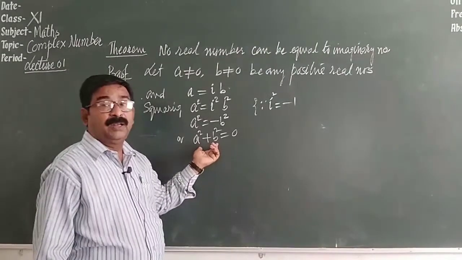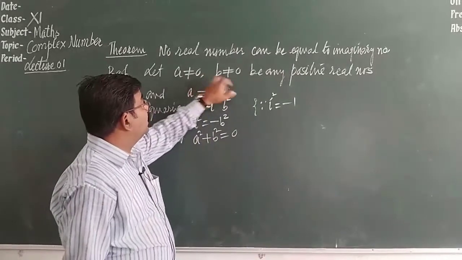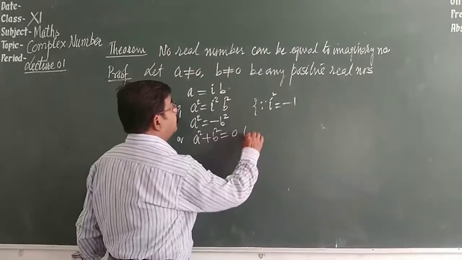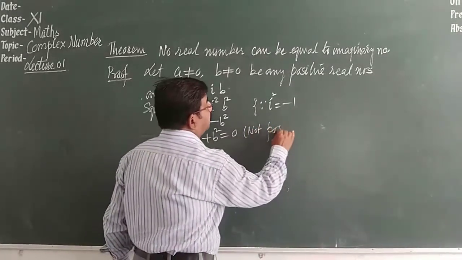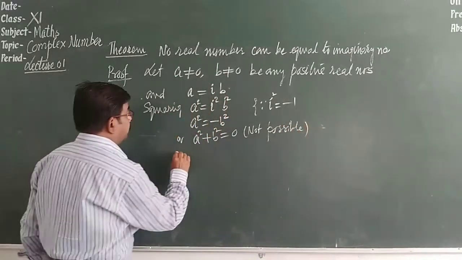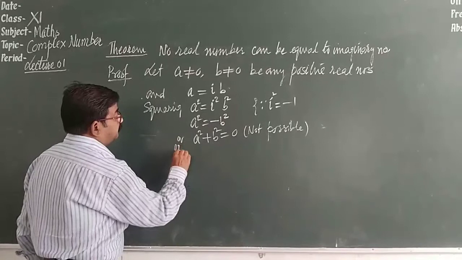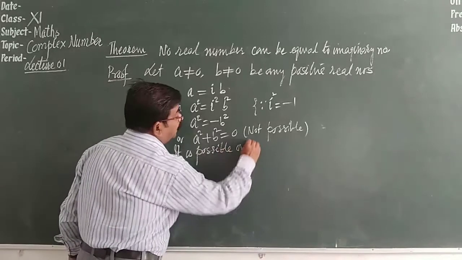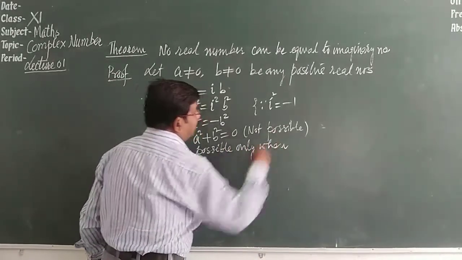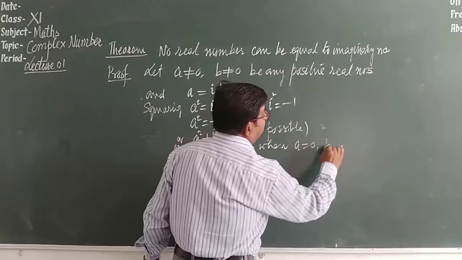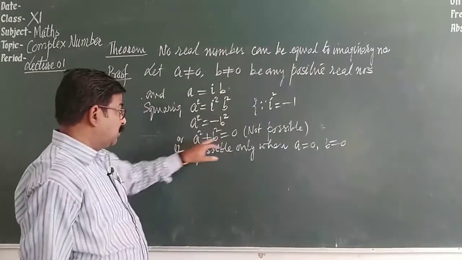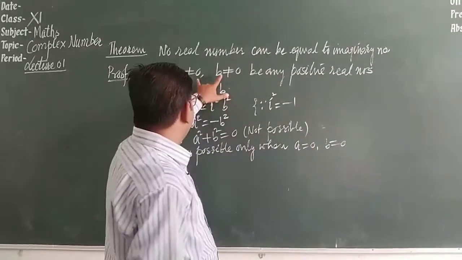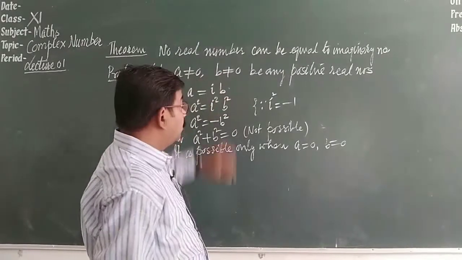Square of two non-zero real numbers is equal to 0. Is it possible? Not possible. It is possible only when a is equal to 0 and b is equal to 0. It means we have already assumed that a and b are not 0.